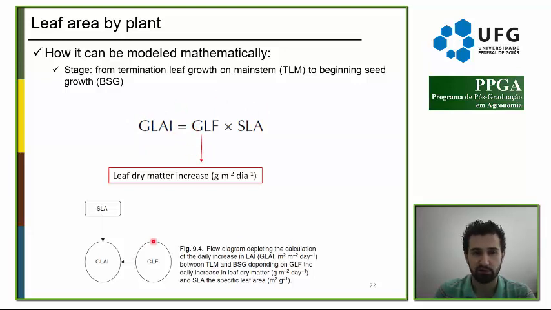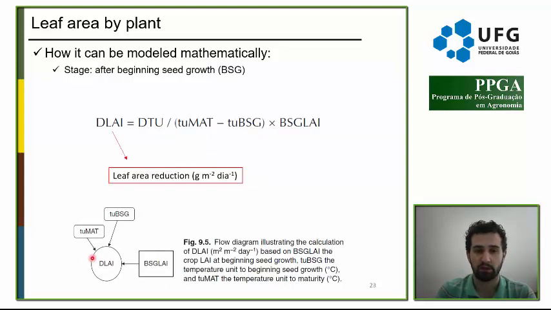And this is the flow diagram for this crop stage: the leaf dry matter increase based on specific leaf area defines the gain of leaf area index by day in this phase.